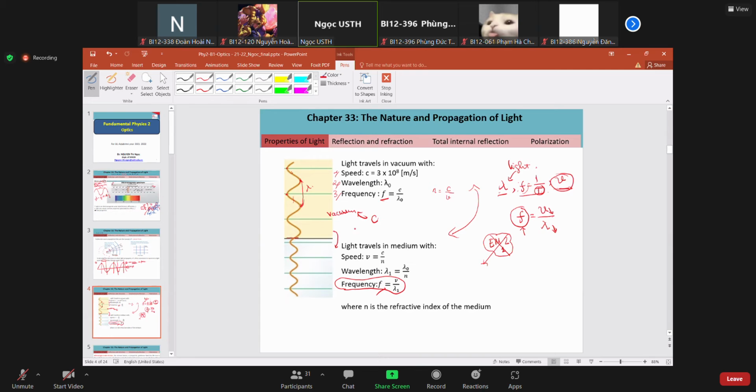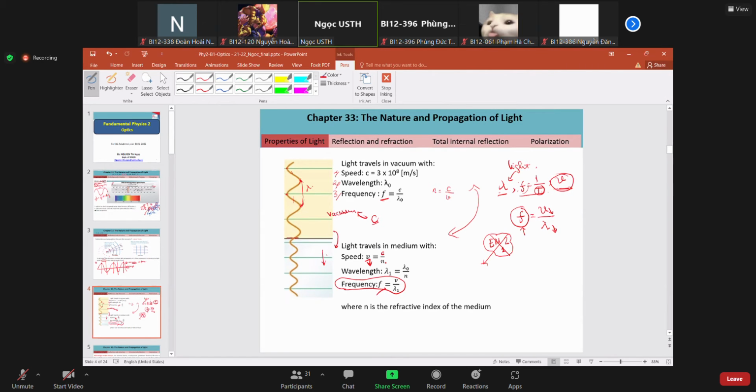And when it travels in other mediums, the medium will slow down the velocity. So c is the maximum in all the other mediums except vacuum. The velocity of the light will be slowed down. How much is it slowed down? It will be equal to the maximum value c divided by the refractive index of the medium.